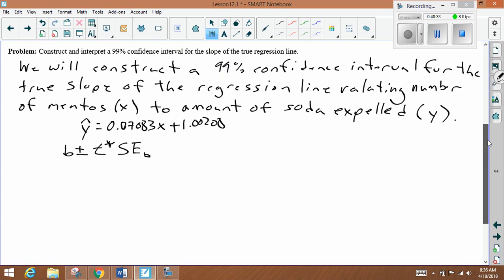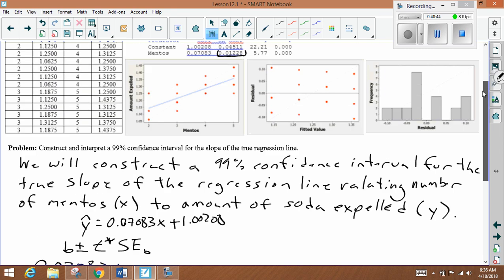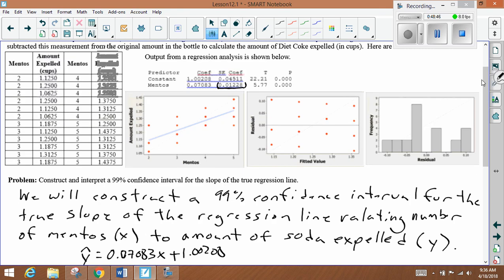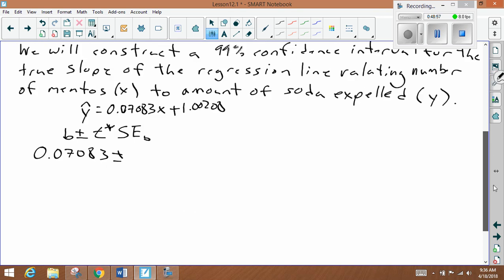So b, our slope is 0.07083 plus or minus, and now we need a t star value. How many entries do we have? 1, 2, 3, 4, 5, 6, 7, 8, 9, 10, 11, 12 times 2, 24. So n equals 24.